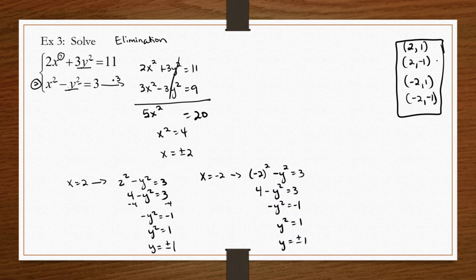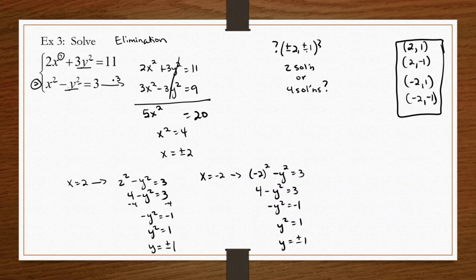Now we want to be real careful to make sure we write all 4. So for instance, we may feel like we want to do this. But the question is, is that 2 solutions or 4? Like, I'm not real sure if I just mean the 2 with both plus and minus 1, and then the -2 with plus and minus 1, and I get 4, or if I just mean 2 and 1 and -2 and -1 and get 2 solutions.